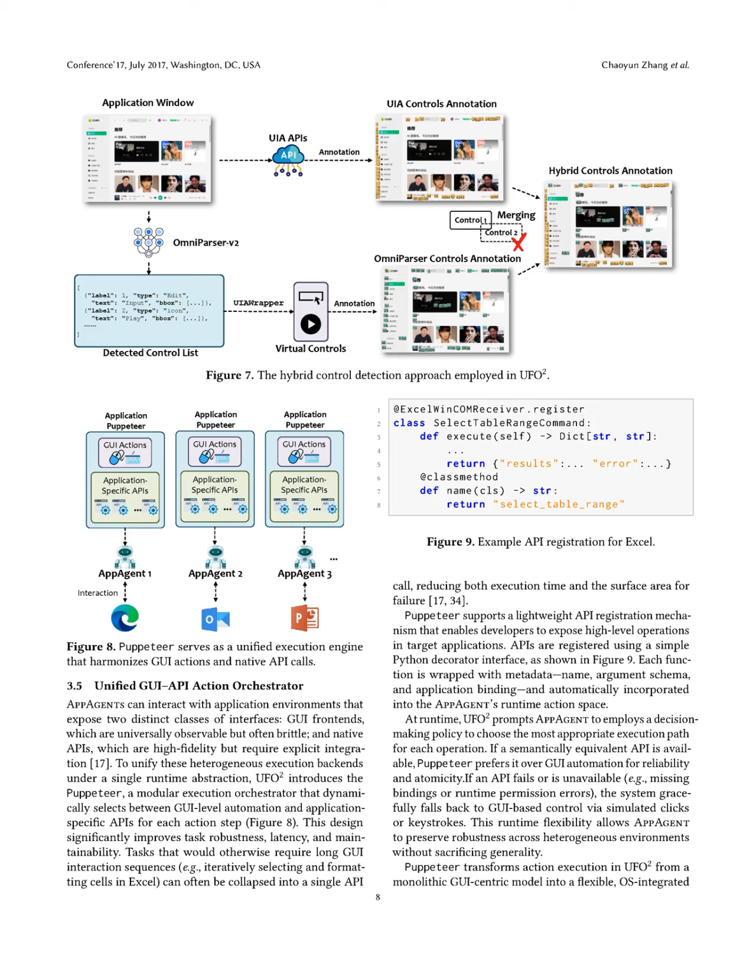Practically, UFO2 employs a hybrid GUI-API action interface that combines traditional GUI actions with native API calls, significantly improving execution efficiency and robustness against UI changes, unlike traditional RPA tools that are brittle and require constant maintenance.